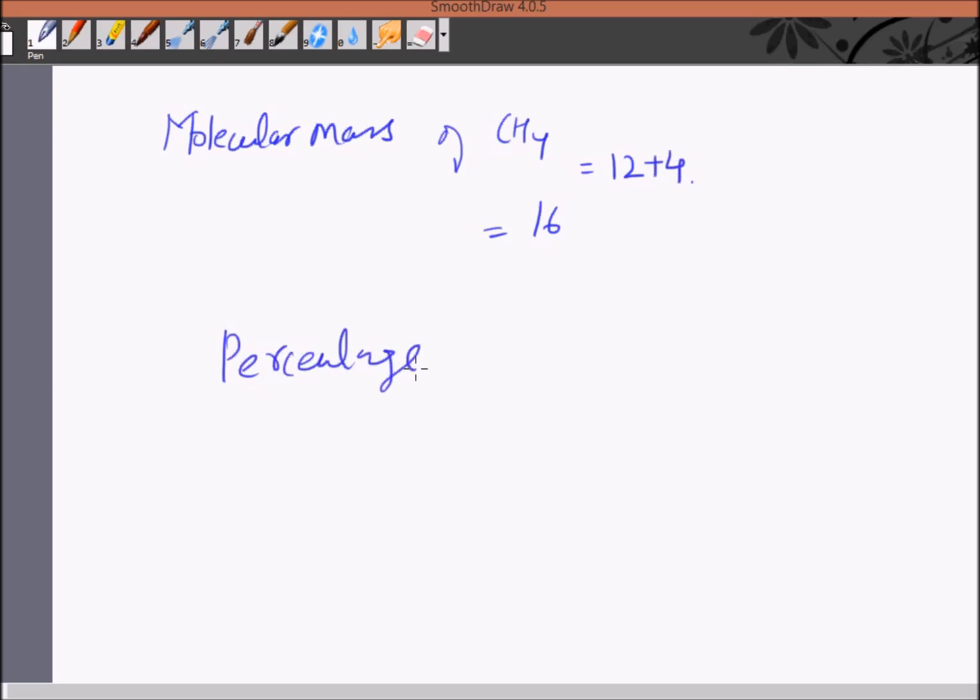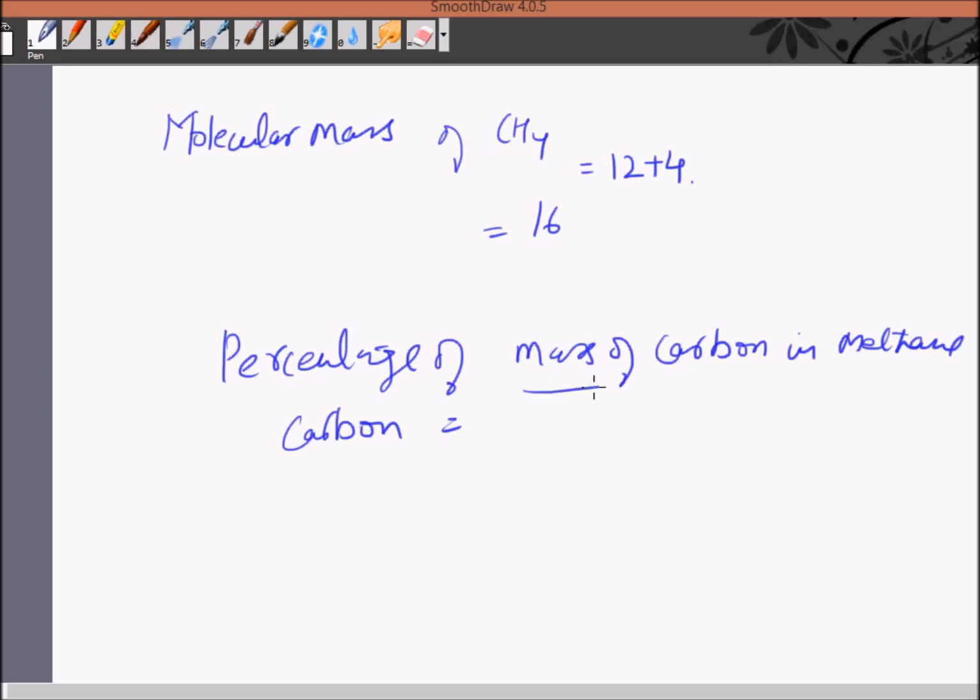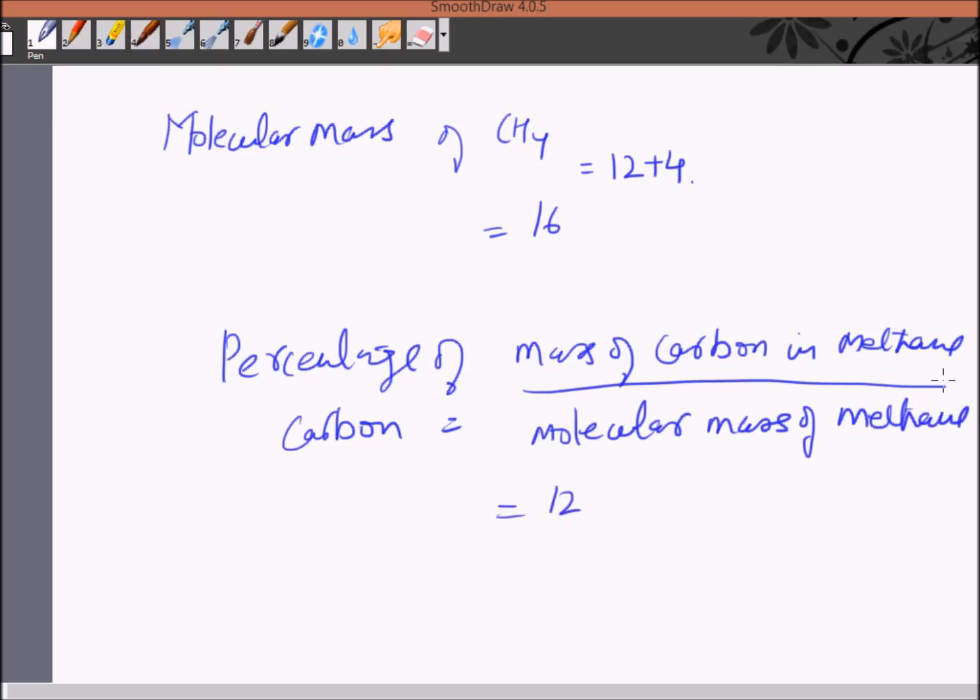So the percentage of carbon is mass of carbon in methane upon molecular mass of methane, into 100, which is 12 upon 16 into 100, comes out to be 75%.